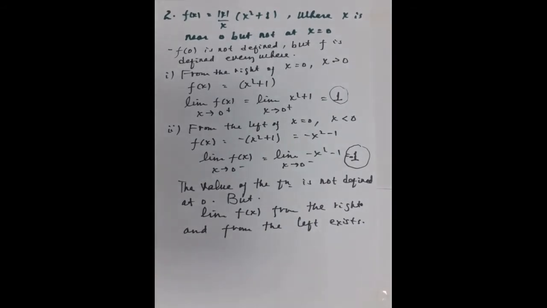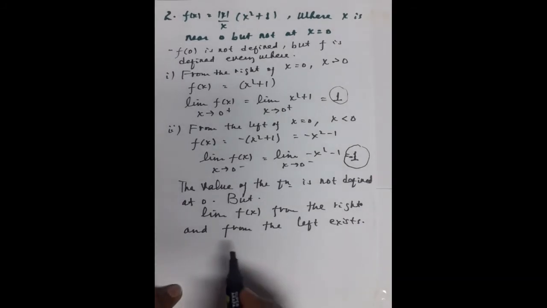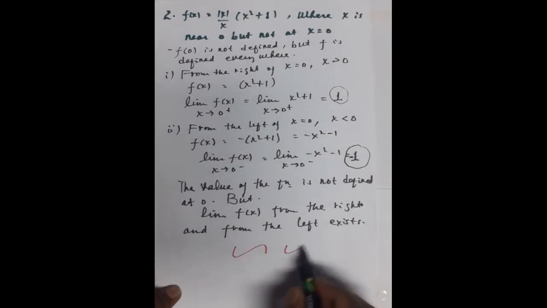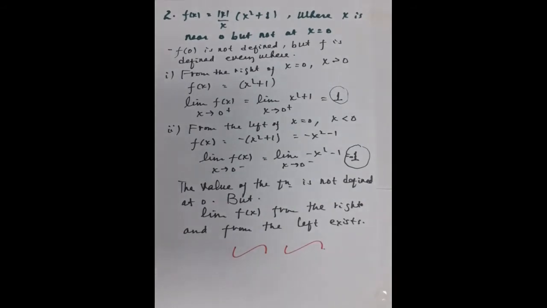This is another property of a limit: at that point it is not defined, but the limits from the right and from the left exist.